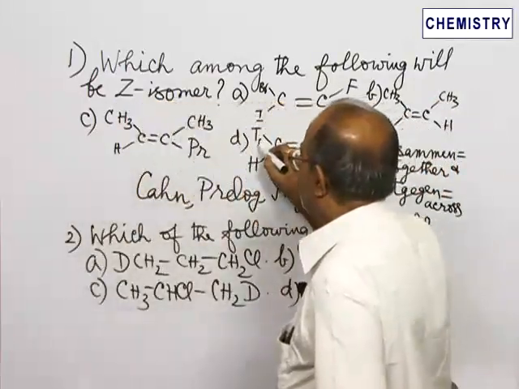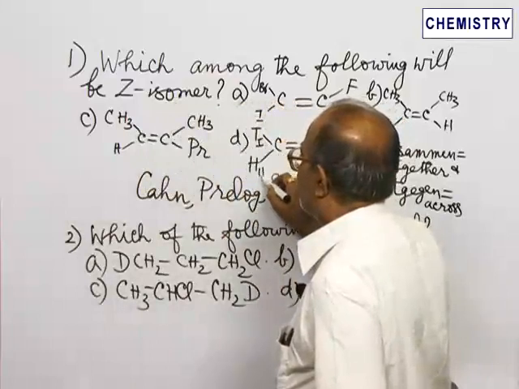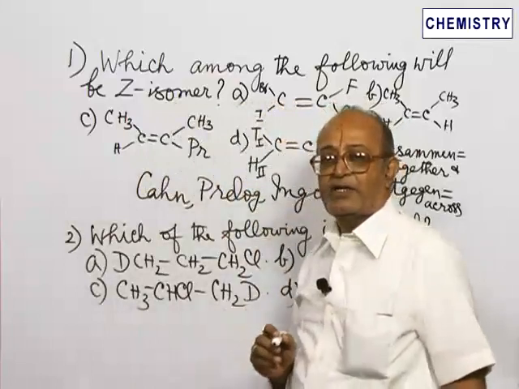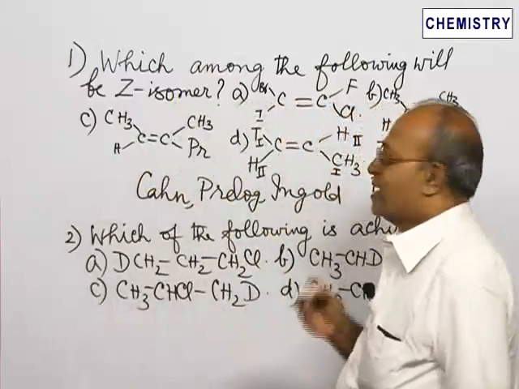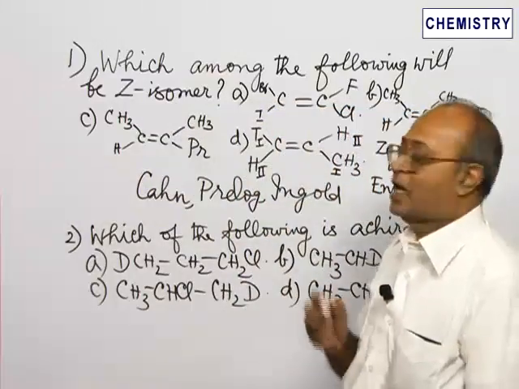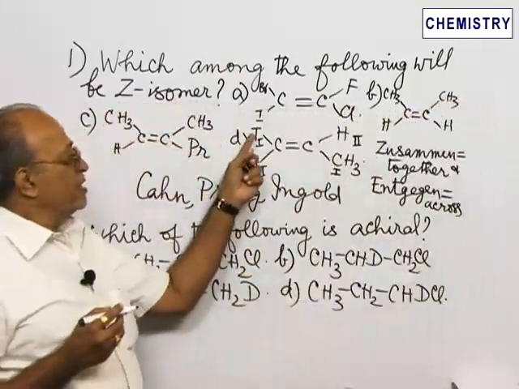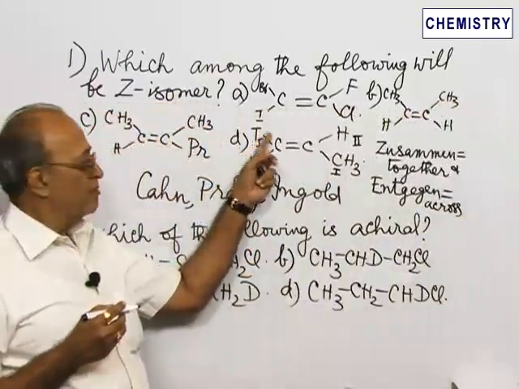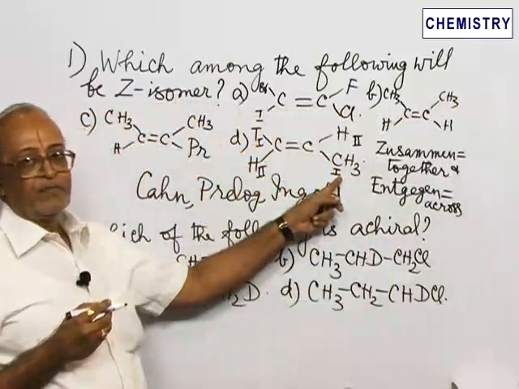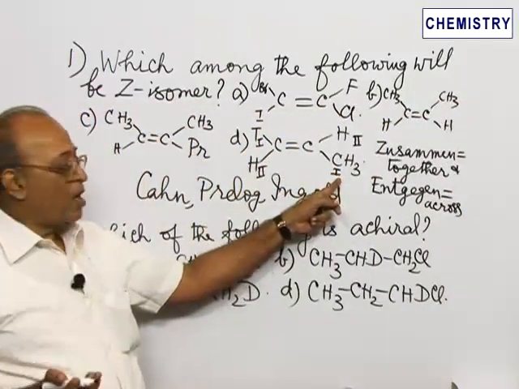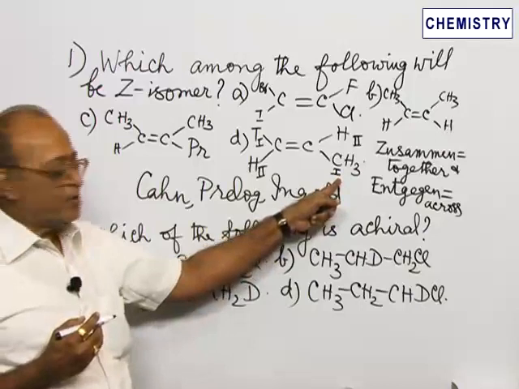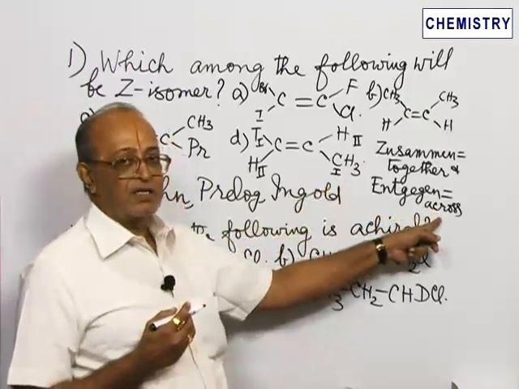So, tritium is to be given first priority and hydrogen second priority. Now, consider priority substituent 1 here, priority substituent 1 on the opposite side. Opposite side, that is across.